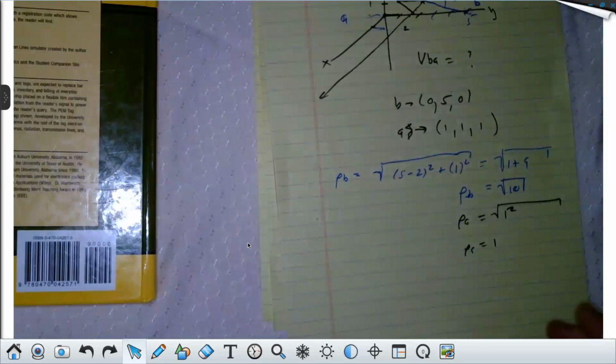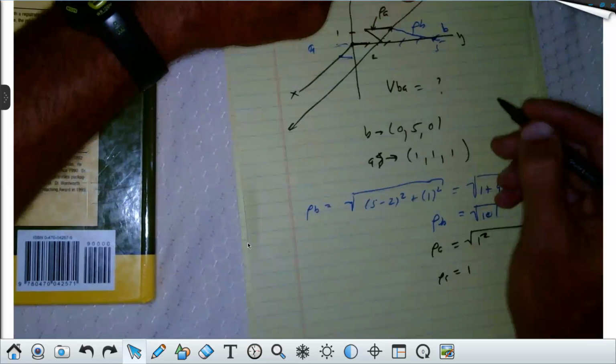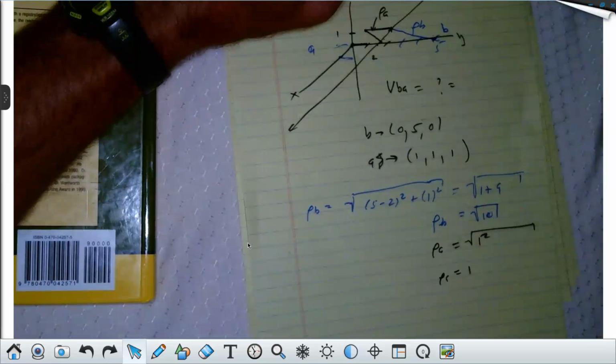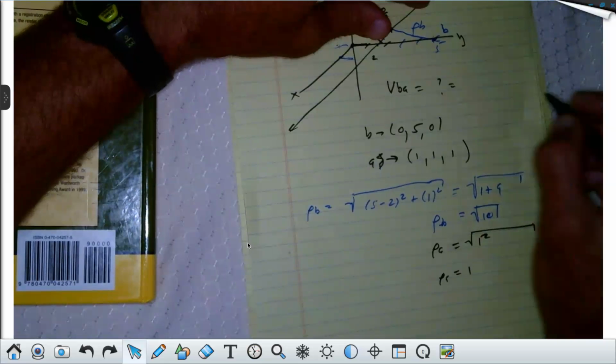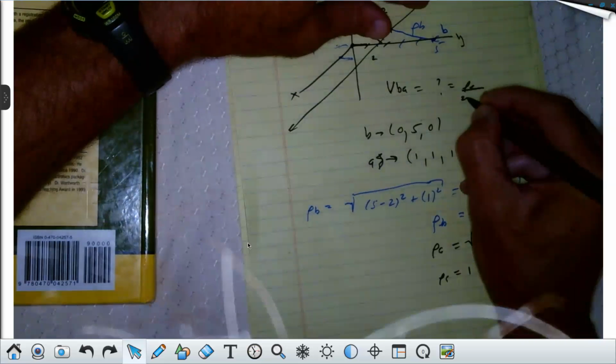Now, the voltage difference, VBA here, that's equal to minus the integral of rho L over 2 pi epsilon naught, natural log, and then it would be A over B, right? So here it's going to be rho L over 2 pi epsilon naught.